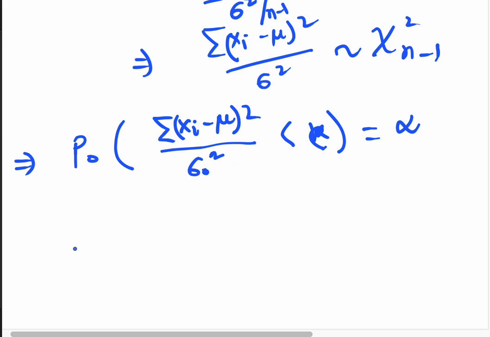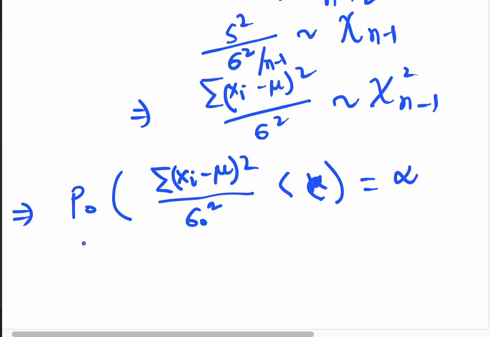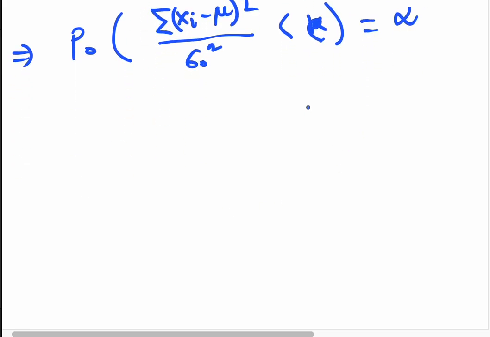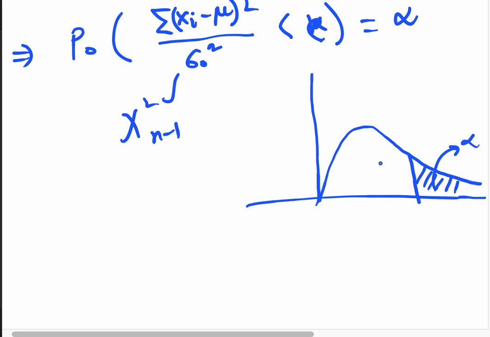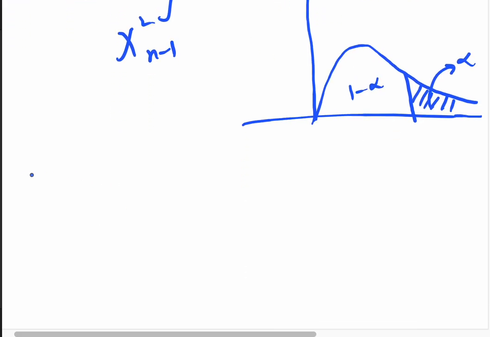We know that this follows a chi-square distribution. Suppose this is the chi-square distribution, and if this region has probability alpha, this region will be 1 minus alpha. So this point C is chi-square n minus 1 minus alpha.